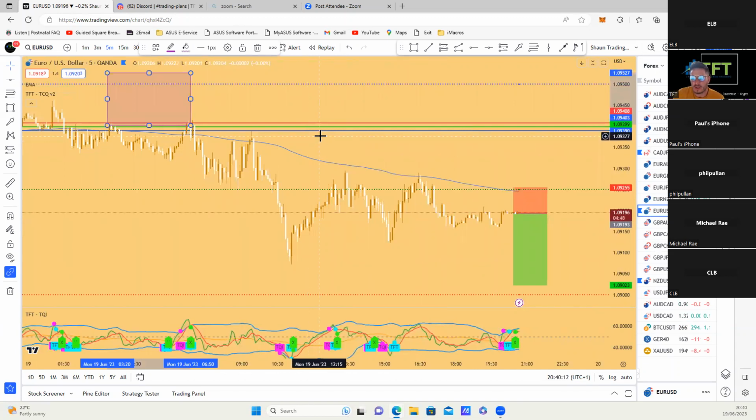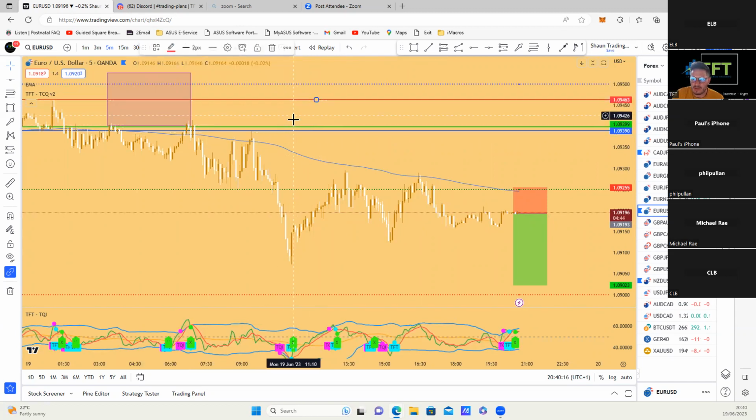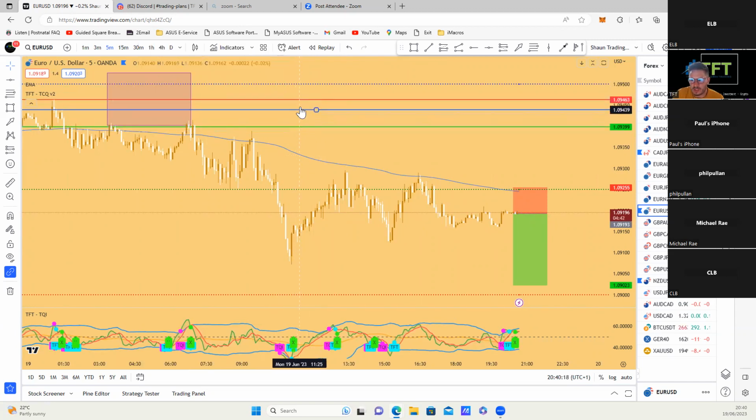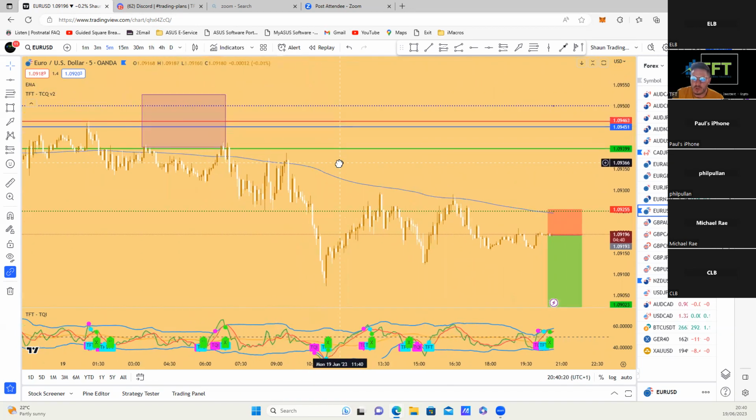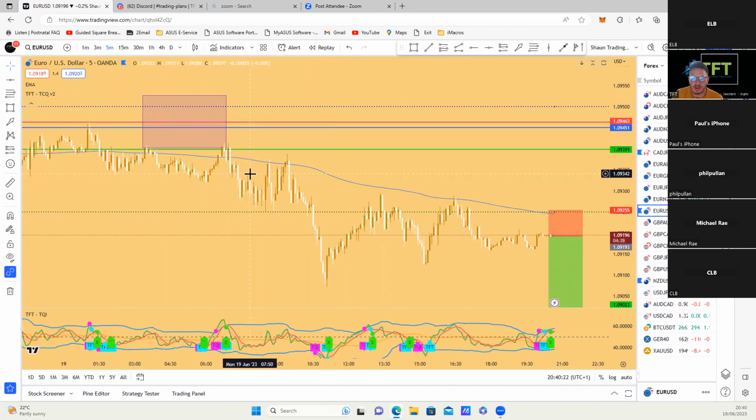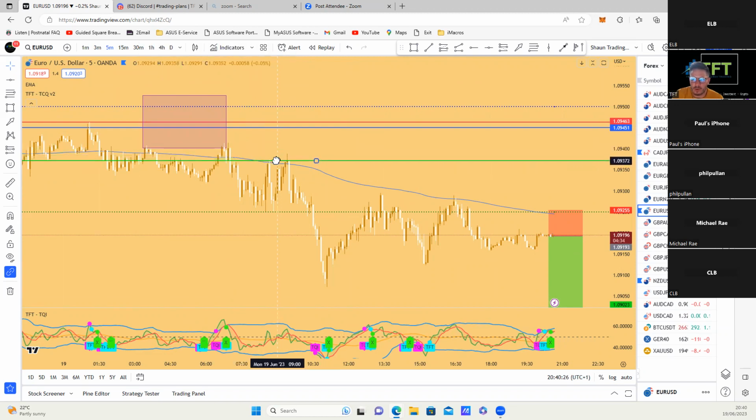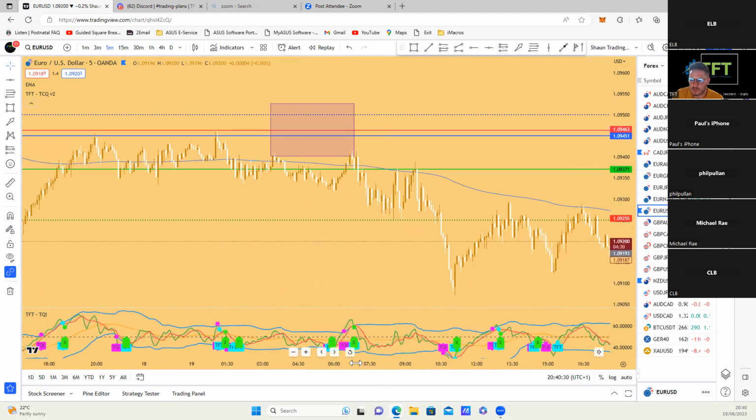Sometimes, and people do this all the time, I've done it loads of times, you'll want to get as tight an entry as possible. So like this, for instance, you'll put your entry at the bottom of that wick, which is fine. Make it bigger so you guys can see.